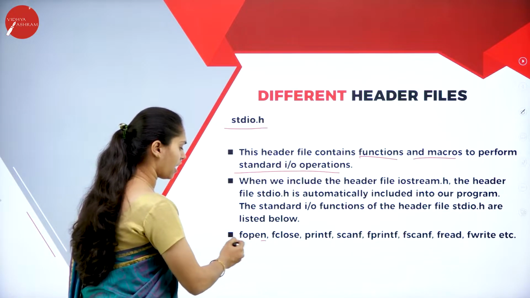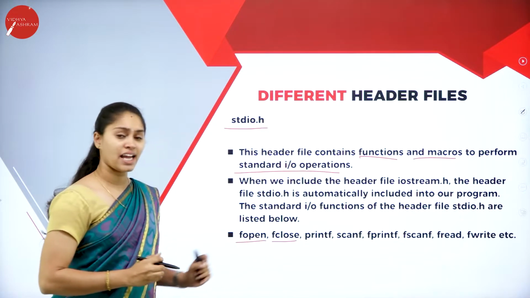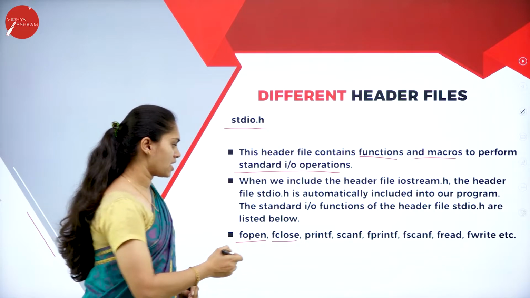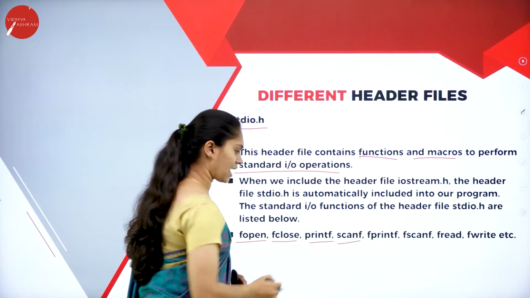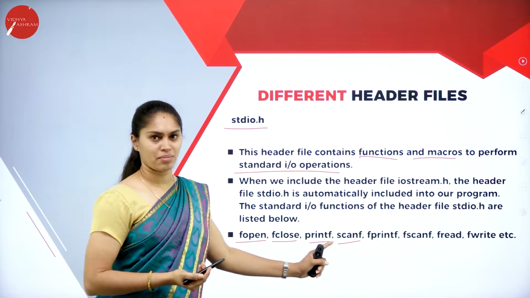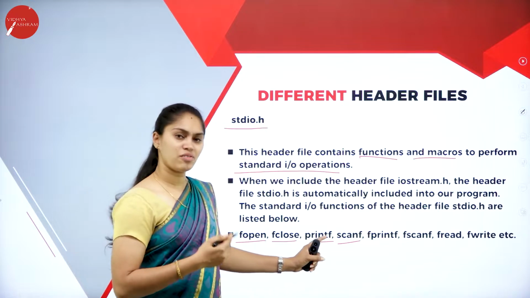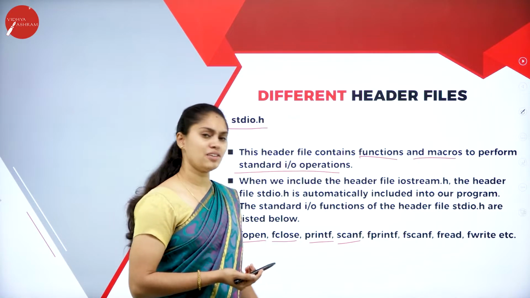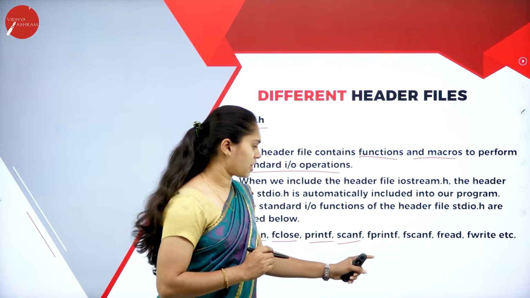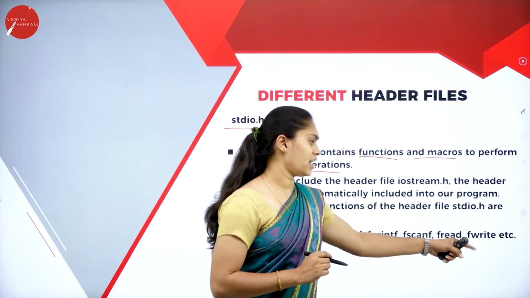You can see fopen, fclose. Here f indicates file: file open, file close, and we have printf, scanf. You can see this printf and scanf in C programming. There we use printf in order to display a statement, and scanf in order to take the input for a variable. Then fprintf, fscanf, fread, fwrite.